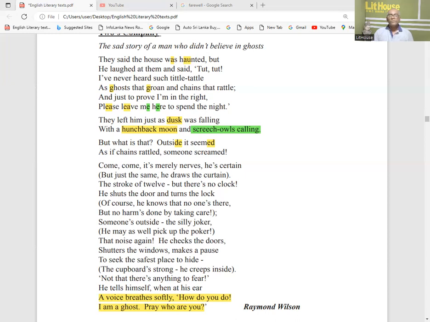Imitation of a sound with the sound of the word.